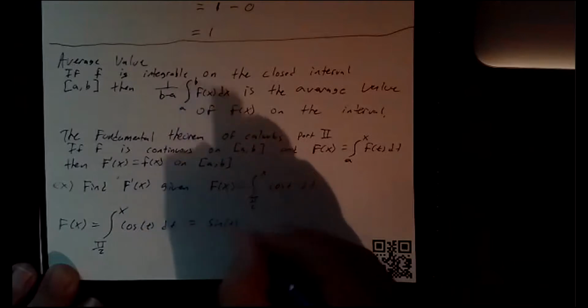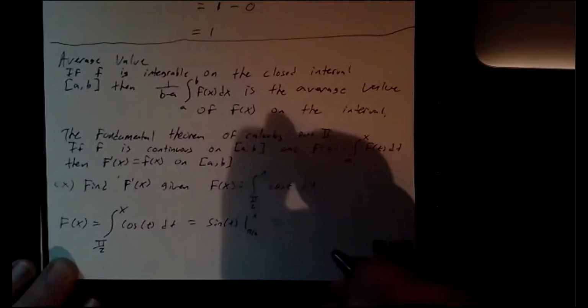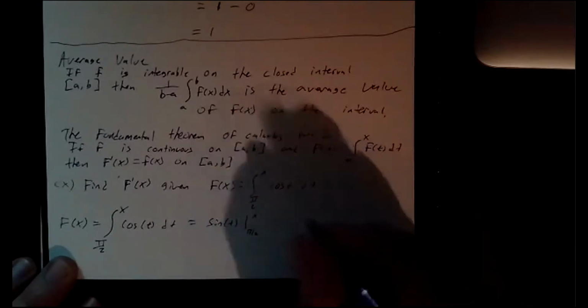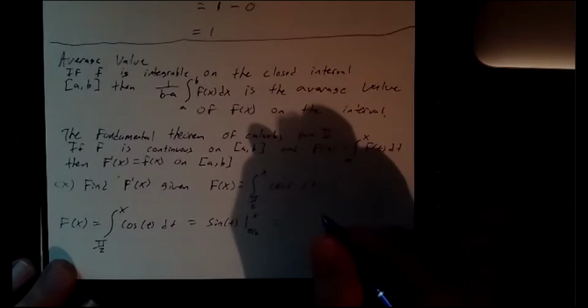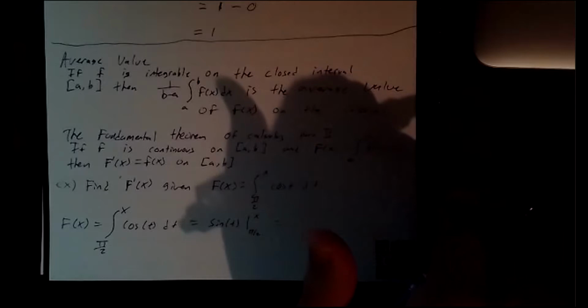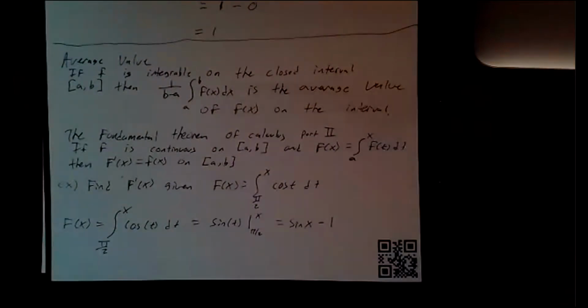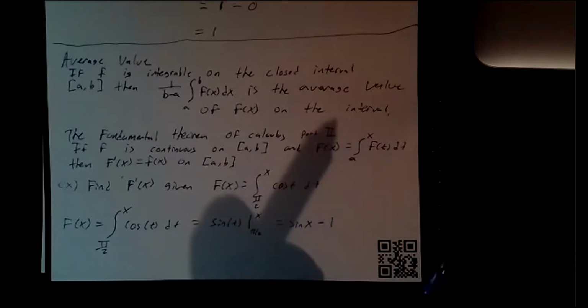Sine t from pi over 2 to x, which would be sine x minus 1. Let's skip those small steps. Just plug in the values, right?